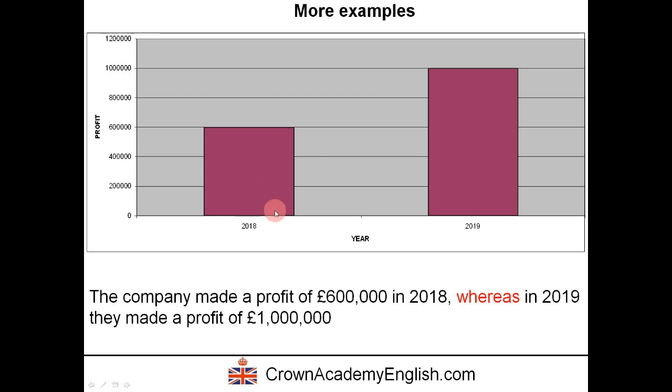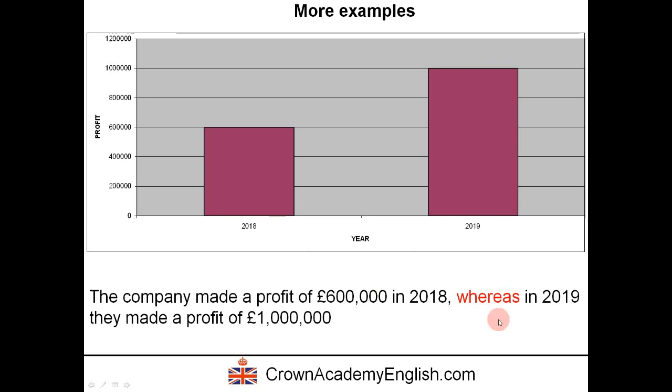Okay, so to describe that in a sentence, we say the company made a profit of £600,000 in 2018, whereas in 2019 they made a profit of £1 million. So you see here we are using whereas to compare the profit from 2 different years in the past.